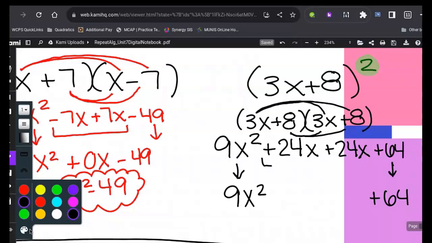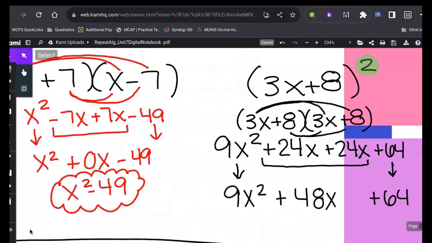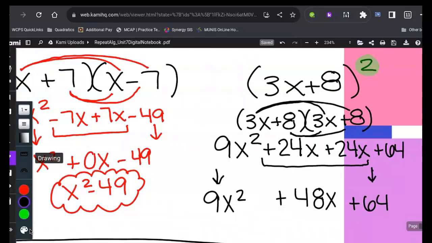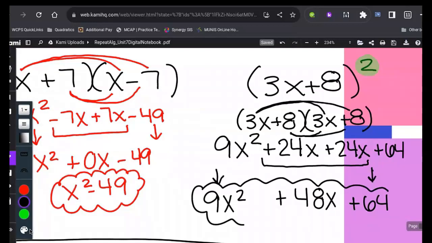And then I'm going to combine my middle terms since they both have the same variable with the same exponent. 24 plus 24 is 48. Very good. So 9x to the second power plus 48x plus 64. And that's our final expression, which is a trinomial.